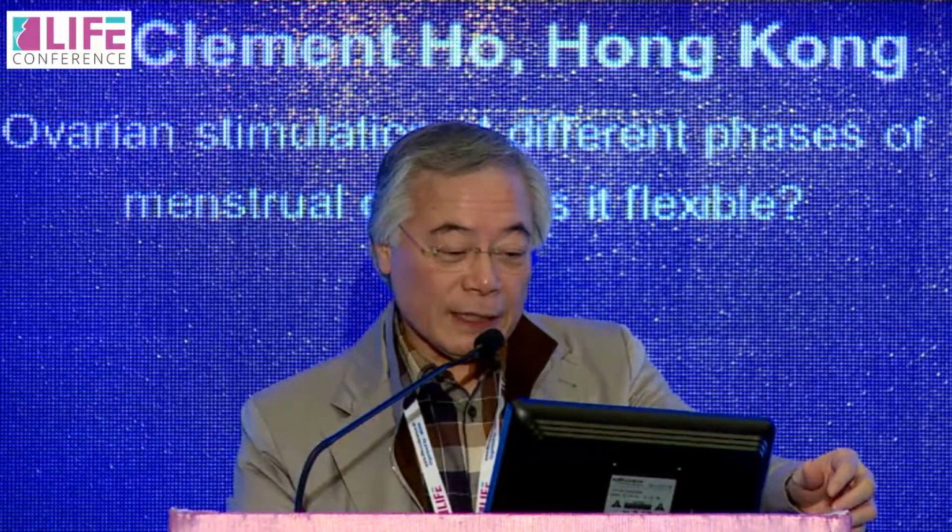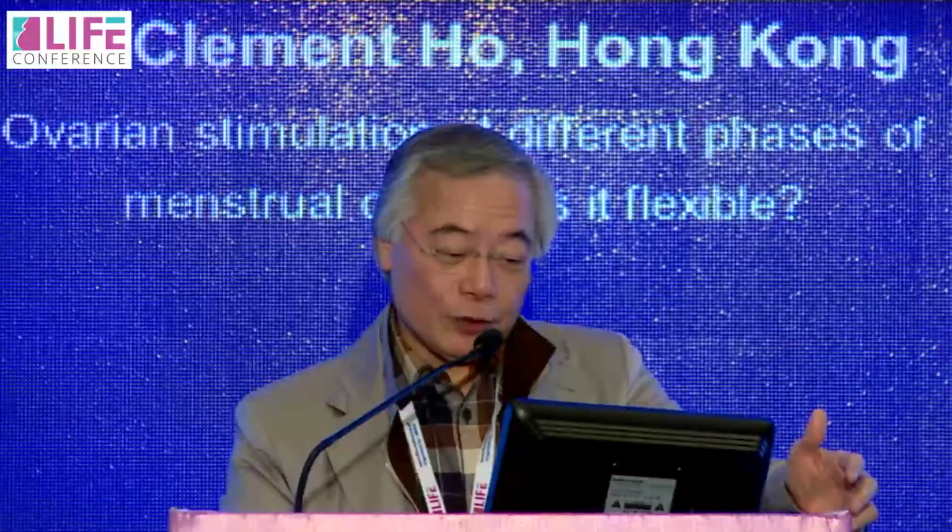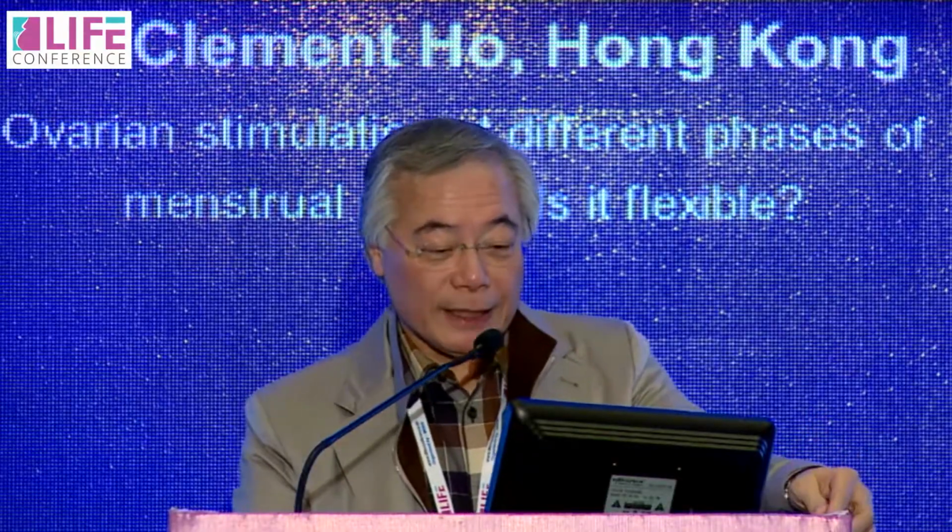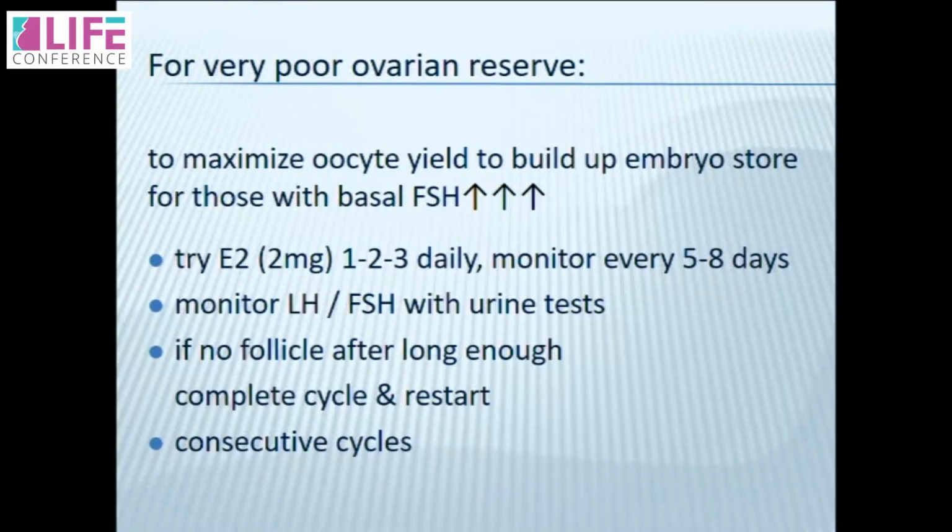So if you actually get to see 1 egg and see what you can do with it, remember, one should keep going in consecutive cycles, because 1 follicle may bring on others. So if you don't see a follicle, things may be quiet for a long time, but once a follicle starts, it may keep bringing up follicles if you keep going.